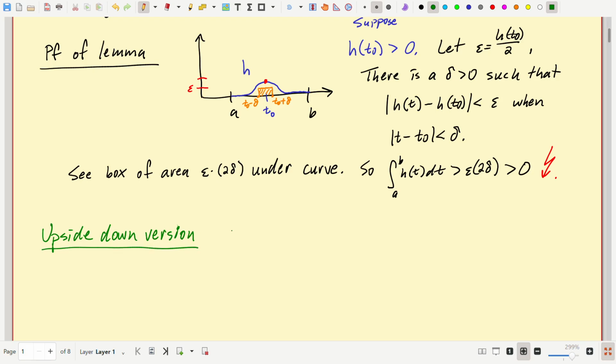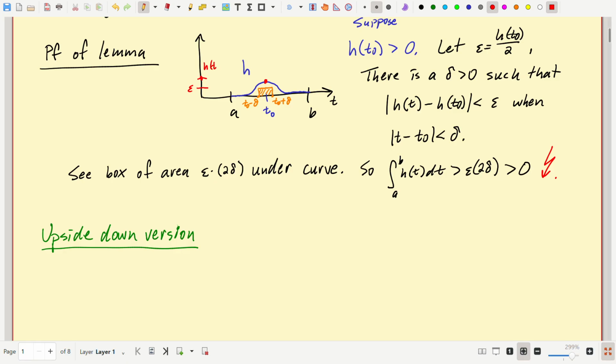Why is the box not around the point, like, around the epsilon? Let's see, the h function is there. This little thing right here is h of t naught.